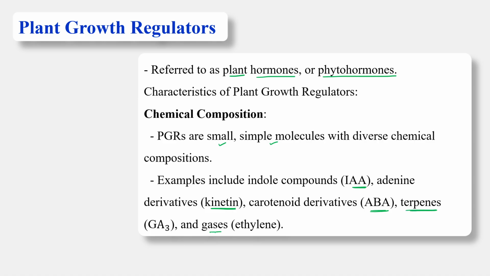Some gases also act as growth hormones, like ethylene. So these are small, simple molecules with diverse chemical composition. We have to learn this: what are the examples of indole compounds, examples of adenine derivatives, and examples of gases that act as growth regulators.